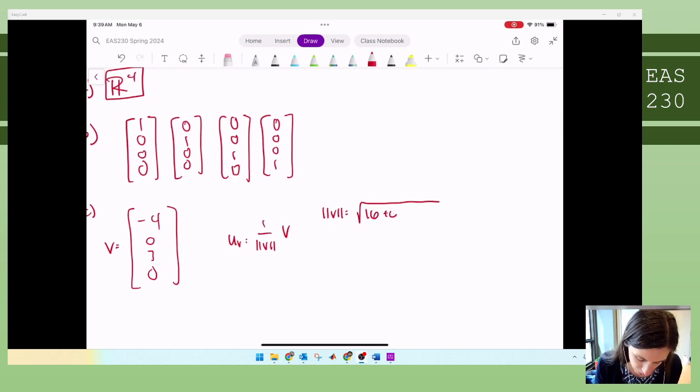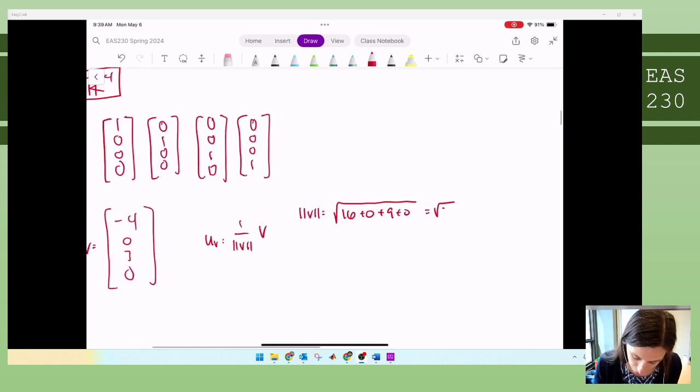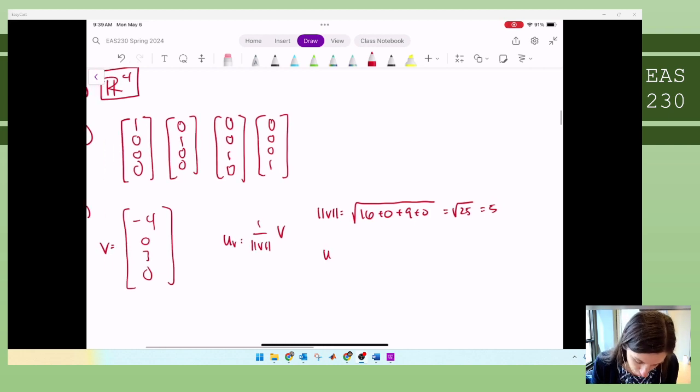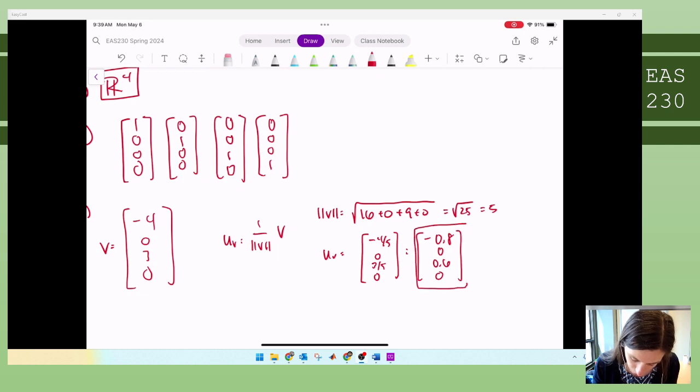So 16 plus 0 plus 9 plus 0, that is the square root of 25, which equals 5. Which means UV is going to be all of my elements divided by 5. So negative 4 over 5, 0 over 5, 3 over 5, and 0 over 5. I can write this in decimal form, 0.8, 0, 0.6, 0, etc. There we go, there's UV.